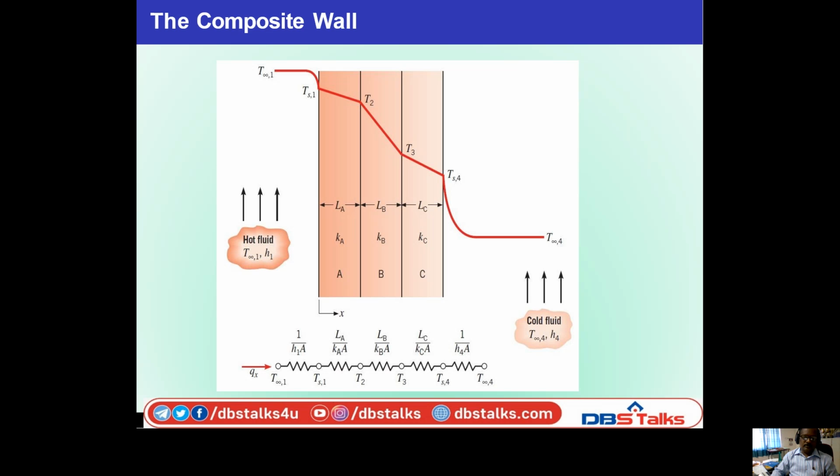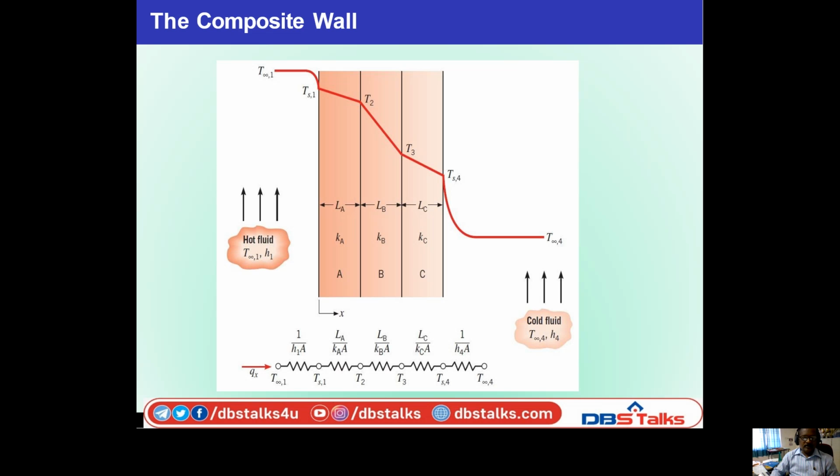From T1 to T2 there is a conductive resistance L1 by K1A, from T2 to T3 again a conductive resistance, and so on. Using these thermal conductivities and convective heat transfer coefficients, we convert this into thermal resistances.